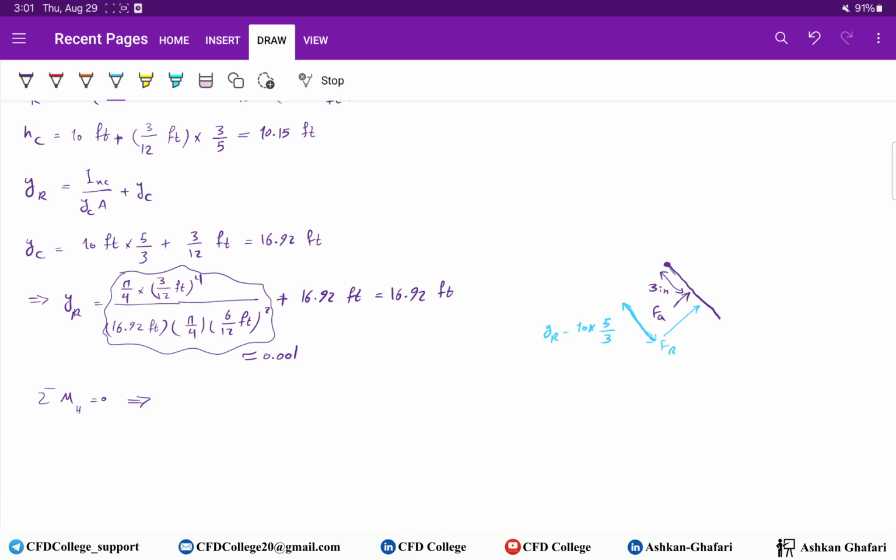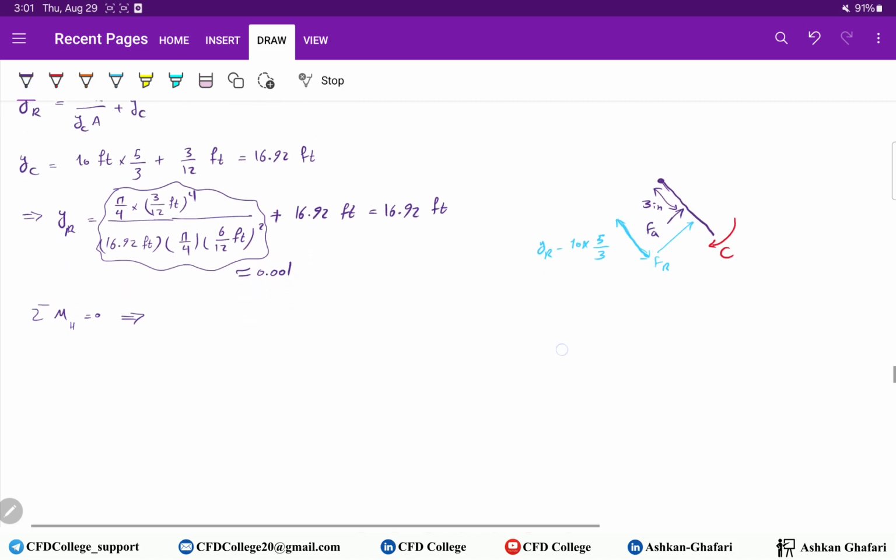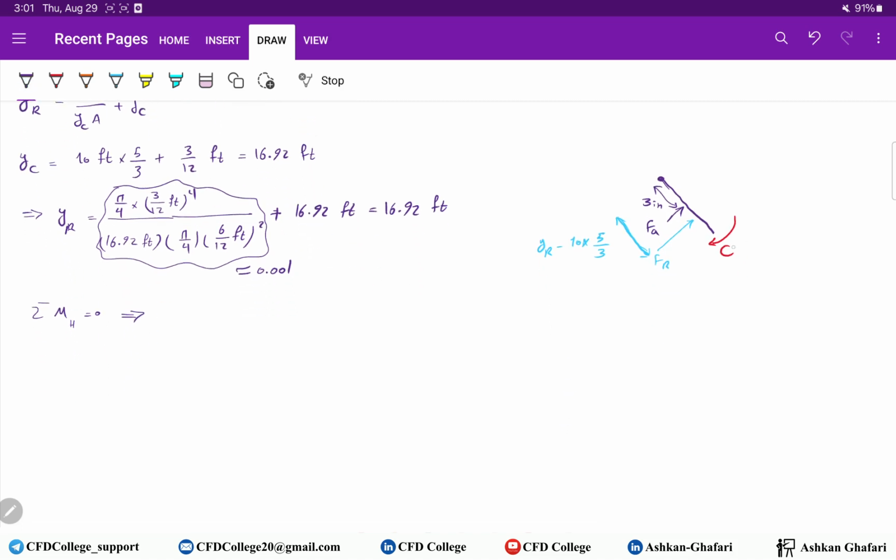the moment we need. So we should find this moment. So I consider the moment C here, and we should calculate it. So the moment produced by FR and FA are in the same direction, so we should add them together.